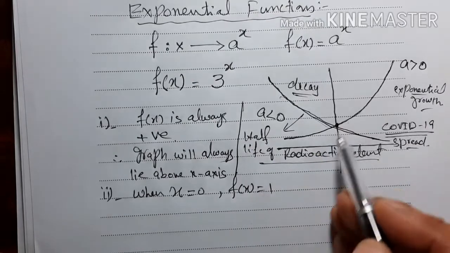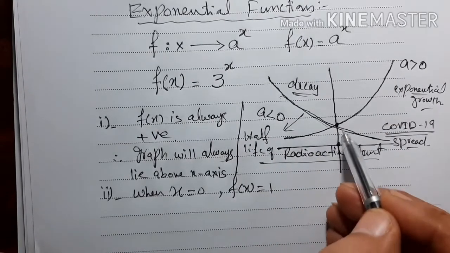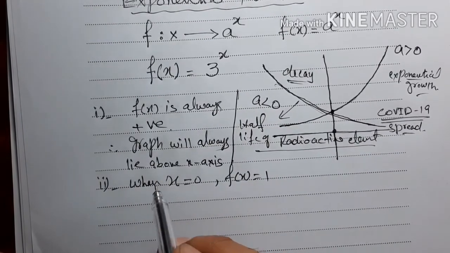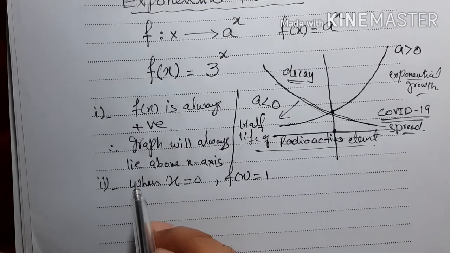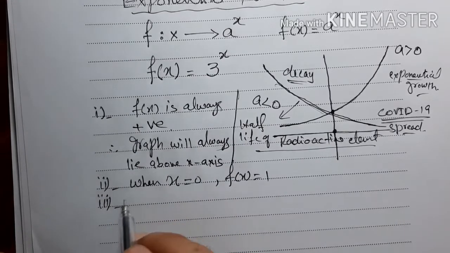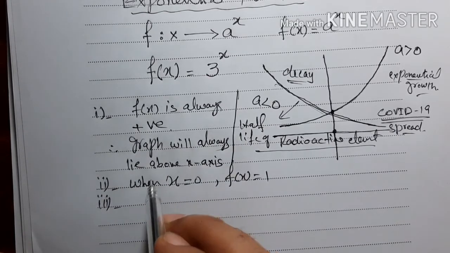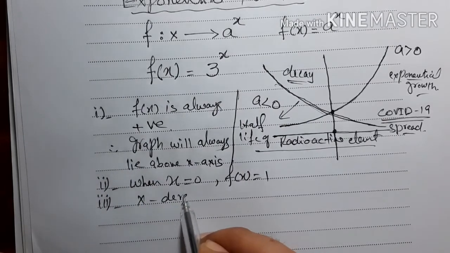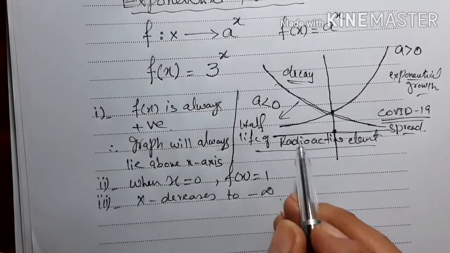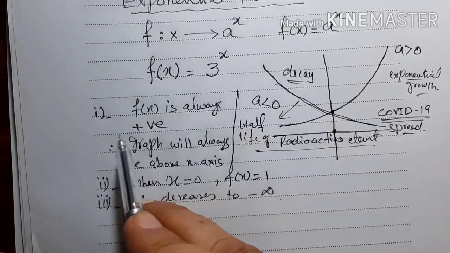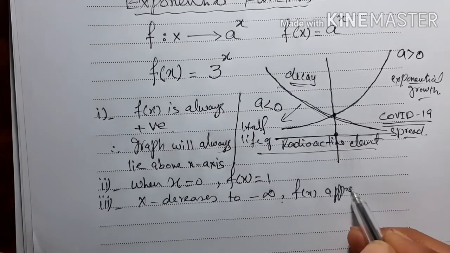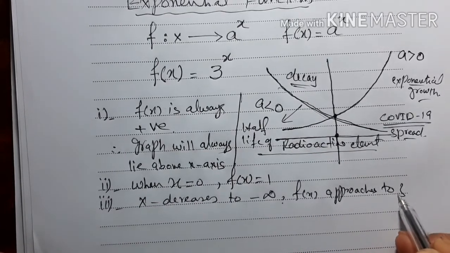Either it is a decay graph or a growth graph, there will always be 1 on the y-axis. Number 3 and the last, when x decreases to negative infinity, meaning x is going to negative infinity, f(x) approaches 0.